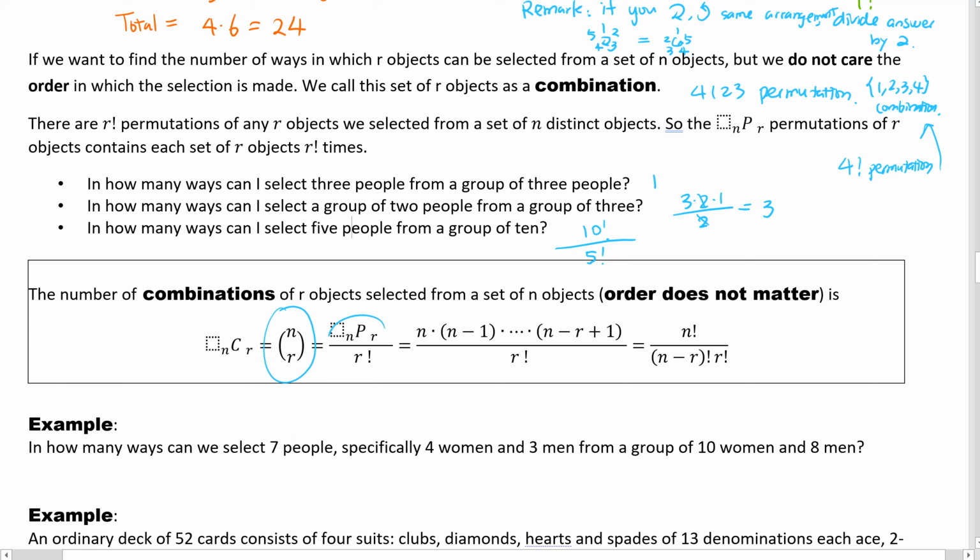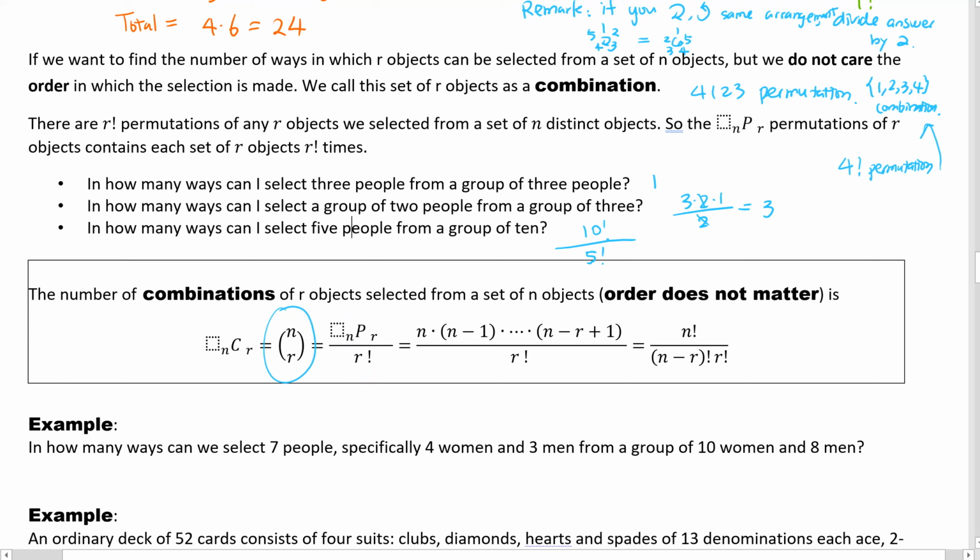So first, we want to count the total number of permutations. That's permutation N choose R. And then for each set of R objects, there are R factorial permutations that represent the same set. So that's why we divide by R factorial. And what is permutations N choose R?